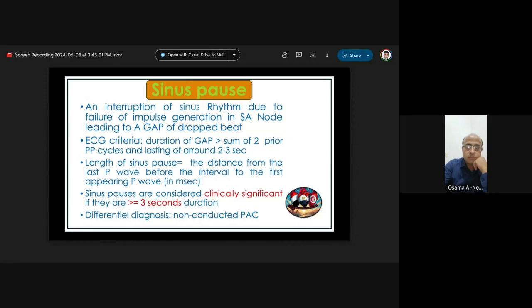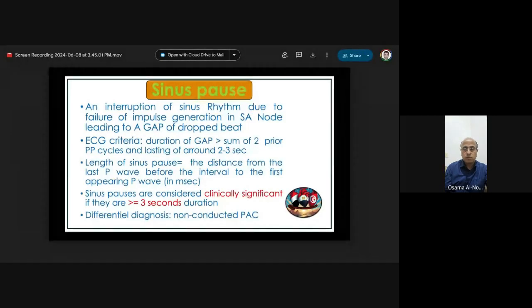The length of sinus pause is the distance from the last P wave before the interval to the first appearing P wave, in milliseconds. We must measure the length of the sinus pause because we consider that a sinus pause is clinically significant if the duration is more than 3 seconds, and we must differentiate sinus pause from non-conducted premature atrial contraction.